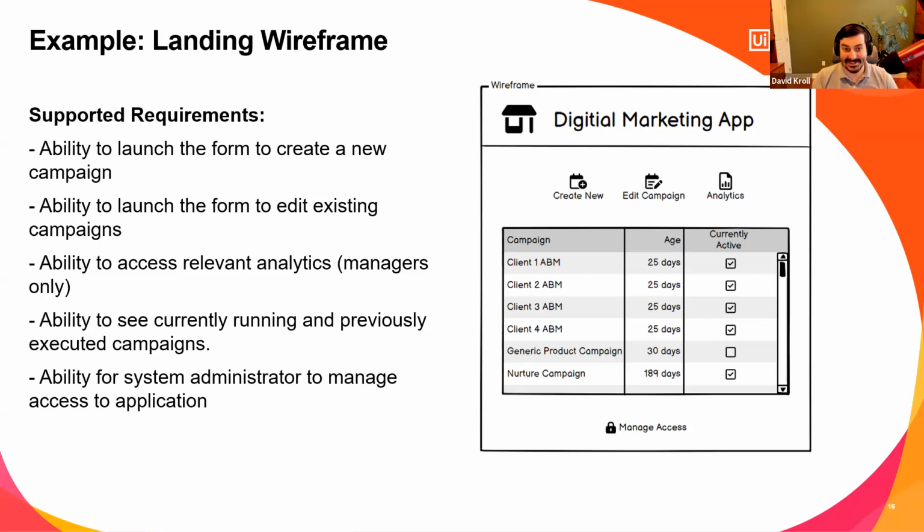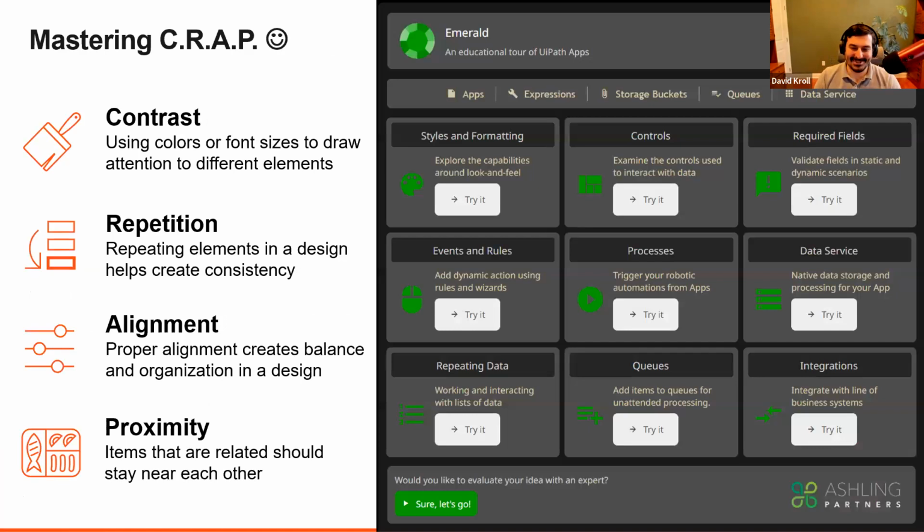There's a lot of different UX philosophies out there, and my personal favorite is the CRAP philosophy. Yes, you heard that right. When wireframing, especially when creating high fidelity wireframes, I think it's very important to follow the CRAP rule. CRAP is an acronym. If you attended any of my sessions earlier this year, you've probably heard of this by now.